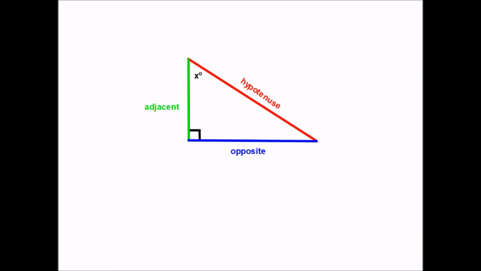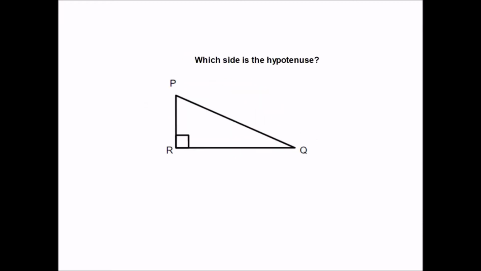And notice that the hypotenuse doesn't change, it's still the hypotenuse, because it's across from the 90-degree angle. So, which side is the hypotenuse? It's opposite the 90-degree angle. Here's the 90-degree angle, and it's pointing right at the hypotenuse.